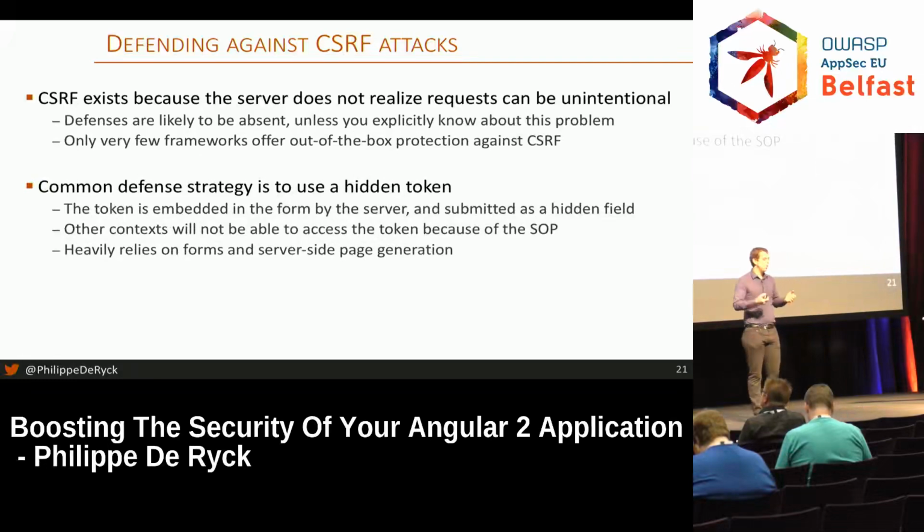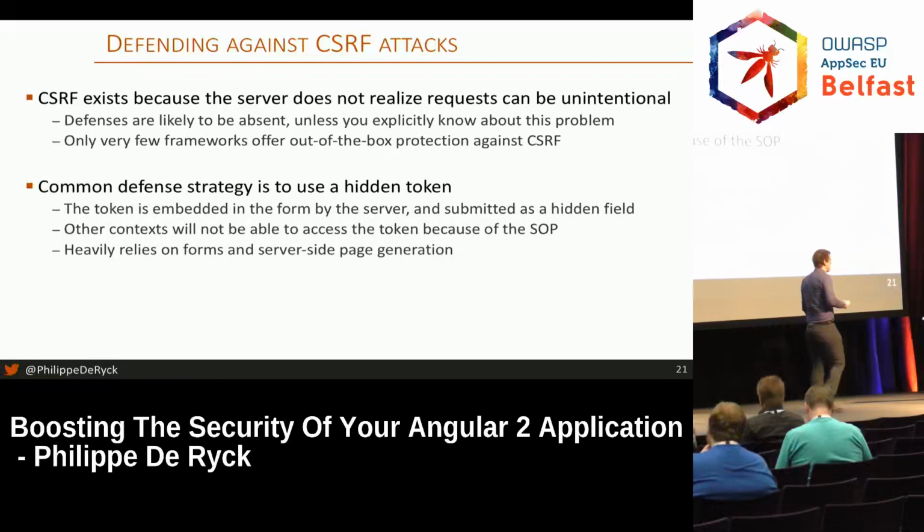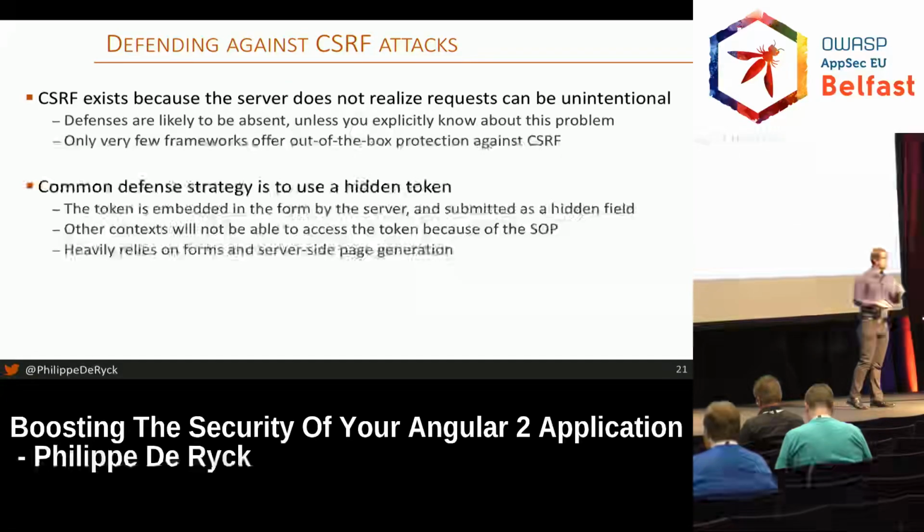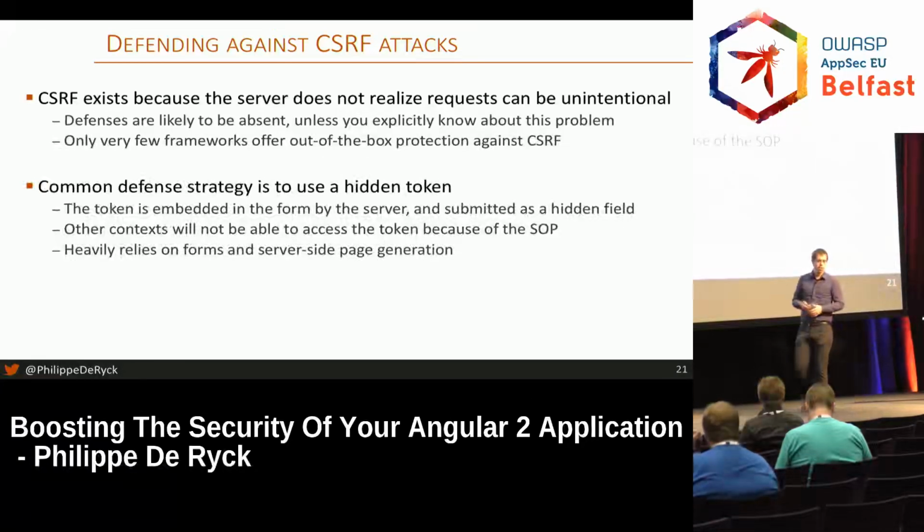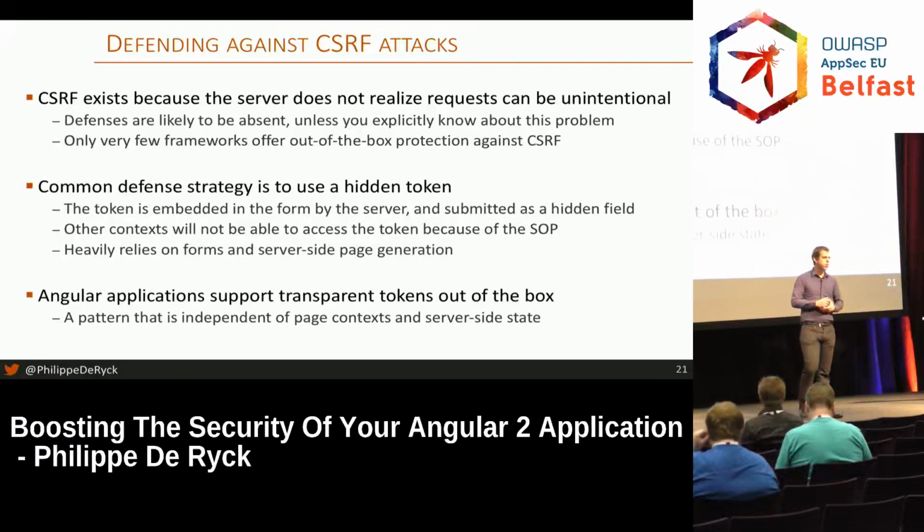This leverages the same origin policy to hide a token from other contexts. But of course, this depends on server-side page generation. You need to insert tokens into the page when you generate it, and you need to check them again when you get it back. You can imagine this doesn't work well with Angular applications. You don't have server-side pages anymore. You have templates, and that's it.